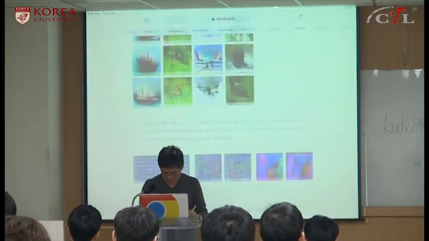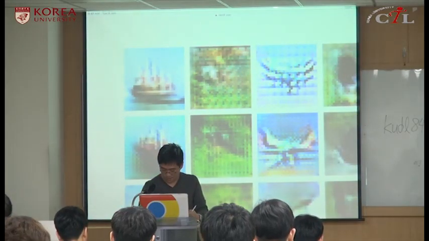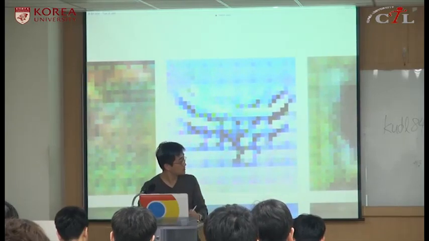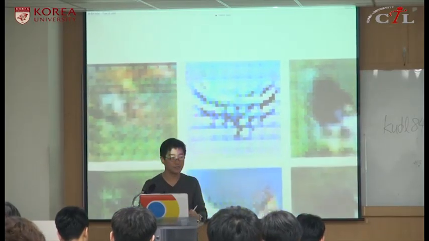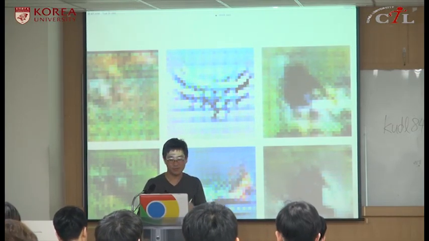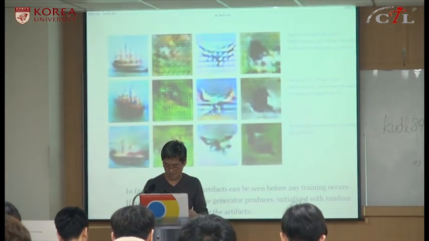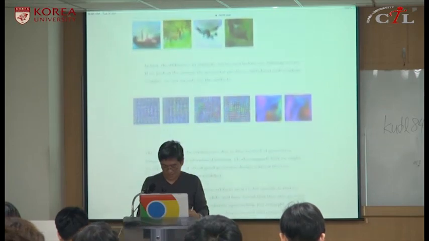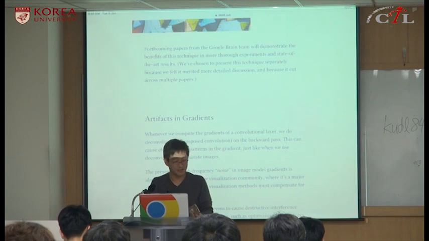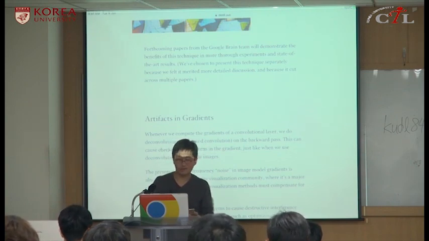Let's see. Okay, so in this case, you can roughly see this kind of checkerboard pattern where, with the same interval, we see relatively darker pixels than the other pixels. Okay. So there are several techniques that can prevent this kind of undesirable effect.